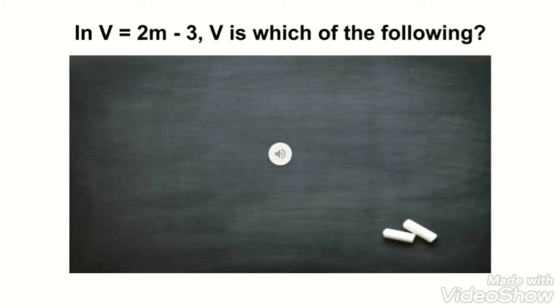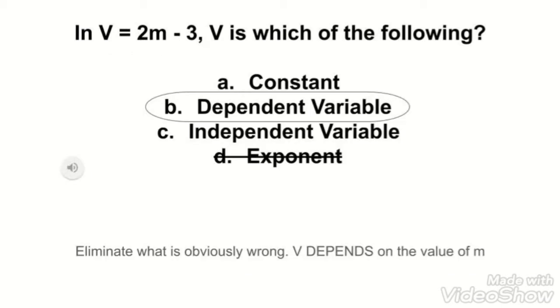I just know velocity will have its own formula, and this is not it. So this V means something totally different. And luckily we have the multiple choice. So your choices are A, constant, B, dependent variable, C, independent variable, or D, exponent.